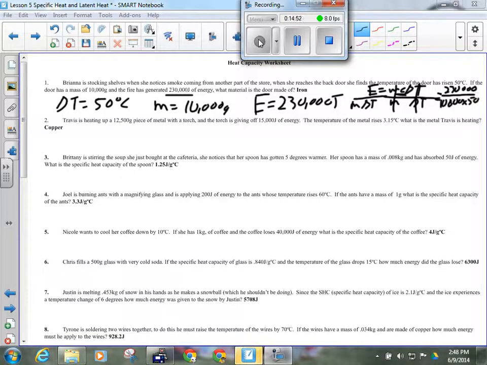When I do that, I should get 0.460, and that'll come out to iron. Everybody with me on that? Big thing is to write down your givens. Once you have your givens written down, what you have to do with E equals MC delta T is automatic. Keep going there, guys.